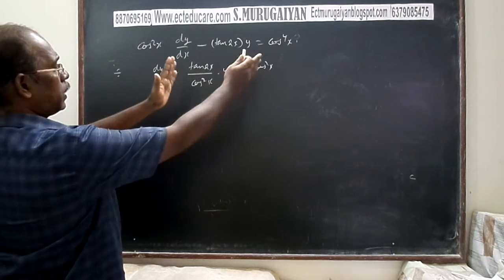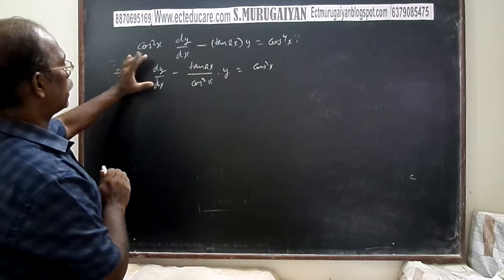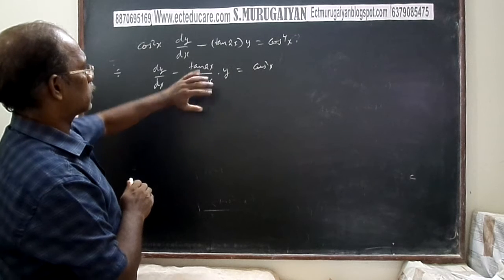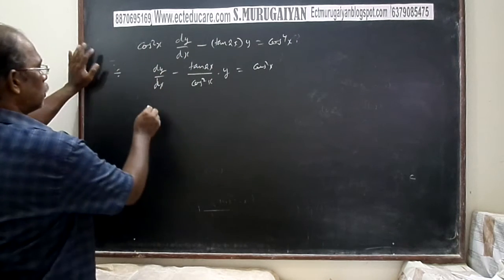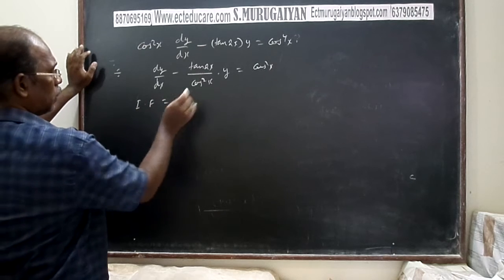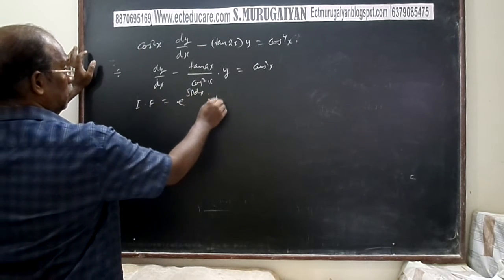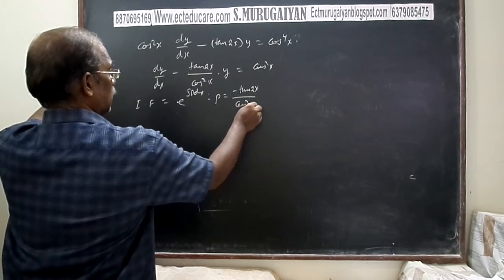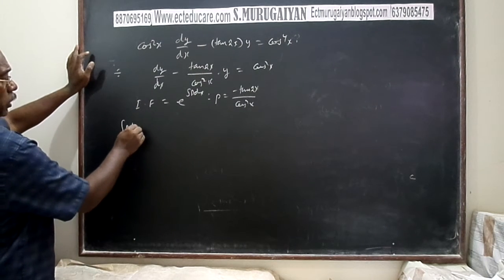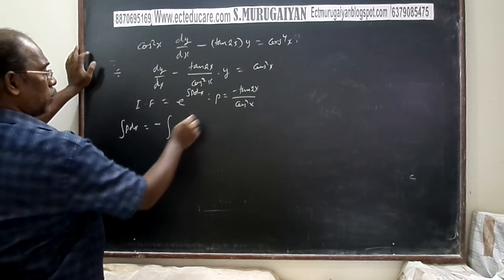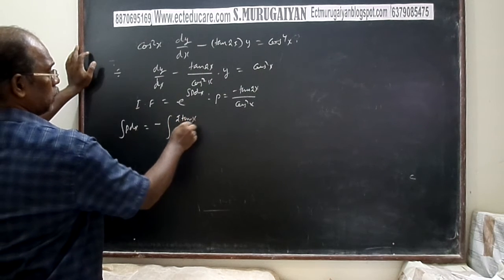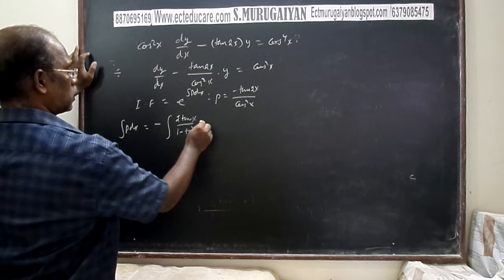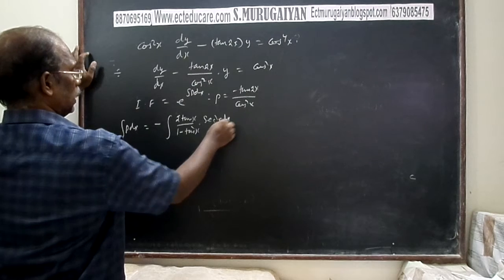This is the first type of linear differential equation, dy/dx + Py = Q, where P is the whole coefficient including the minus sign, −tan 2x / cos²x. So the integrating factor is e to the power of the integral of P dx, where P = −tan 2x / cos²x. The integral of P dx is −tan 2x, that is 2 tan x/(1 − tan²x), times 1/cos²x, that is sec²x dx.